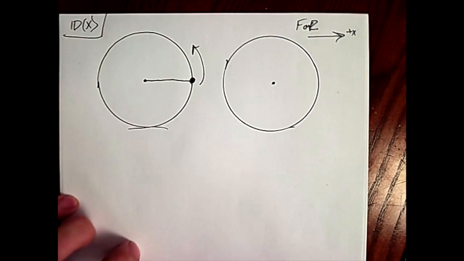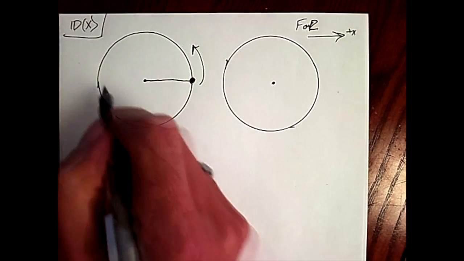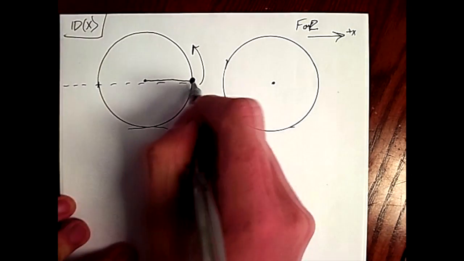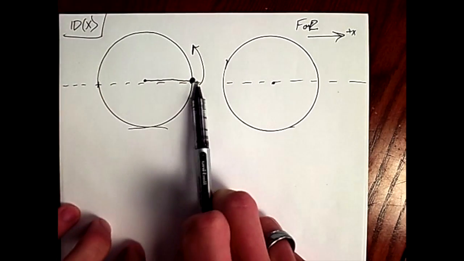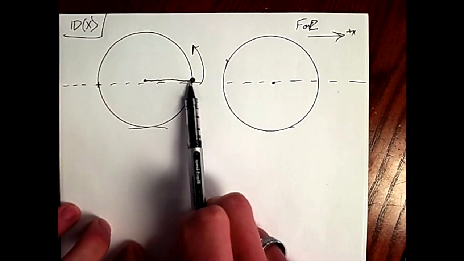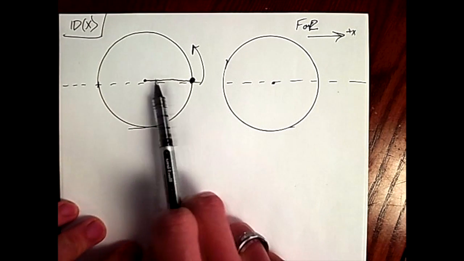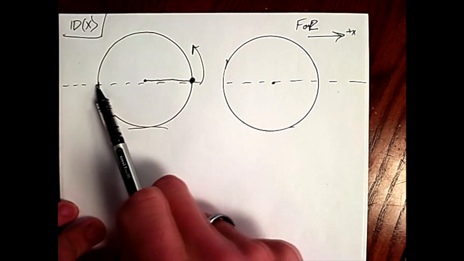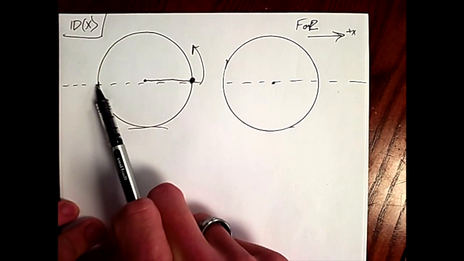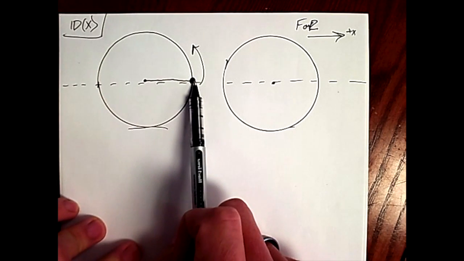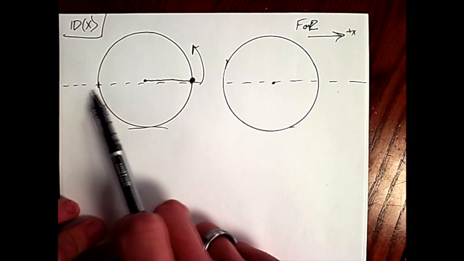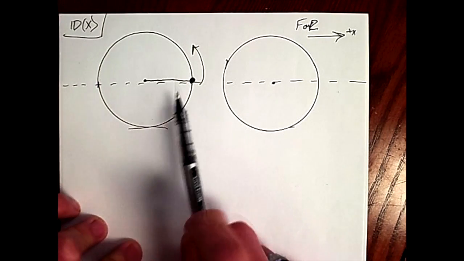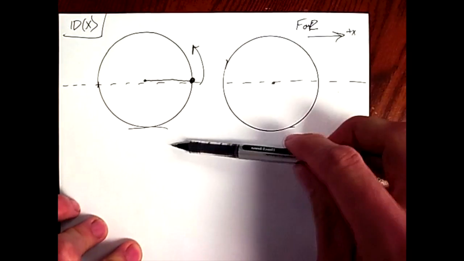I can think about it in one dimension as moving back and forth in the x-plane. So as this spins, this mass moves left until it gets to here, and then it moves right until it gets to here, and then it moves left, and then it moves right. It does this while also going up and down, right?